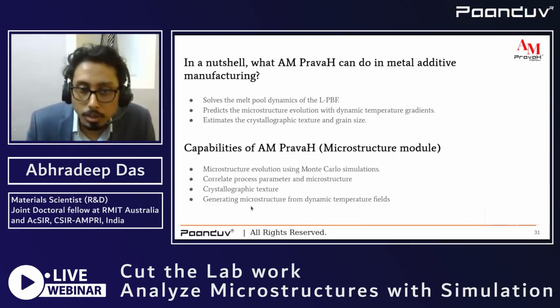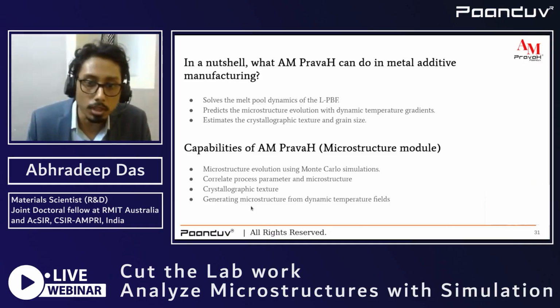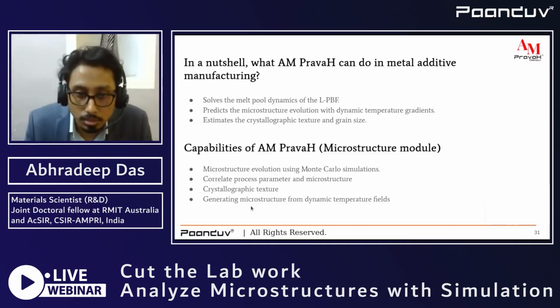The crystallographic texture is another insightful area. Without getting into the complexities of the texture information, which are often difficult for users to analyze, we are directly feeding it into our systems so that it can not only generate the microstructure but also give us information about the crystallographic orientations.